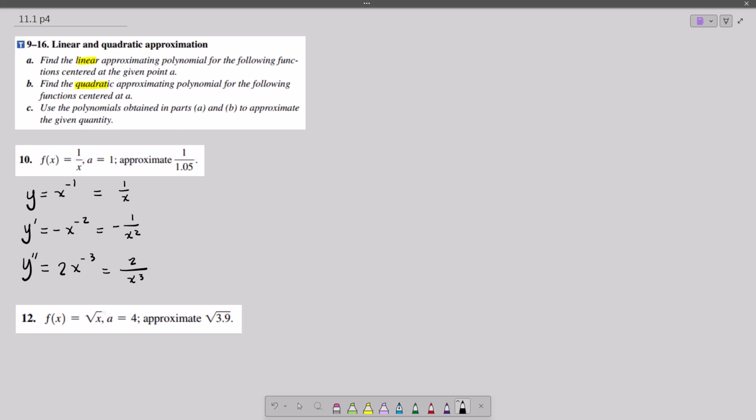Now what we have to do next is evaluate all of these at our center. We've seen that the value at the center, the derivative at the center, in other words the slope, and the concavity at the center. Maybe I should write that whole general polynomial over here. P2 of x: we want to write that whole thing out.